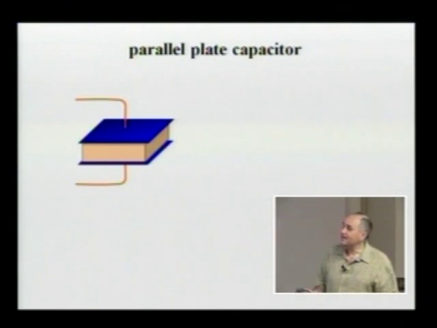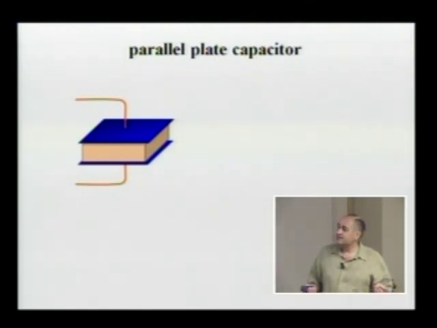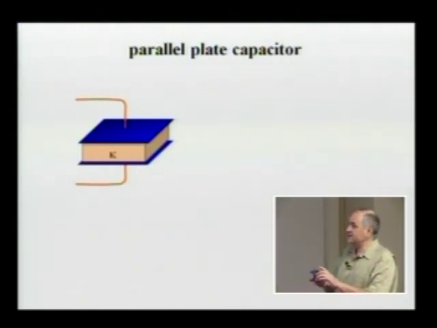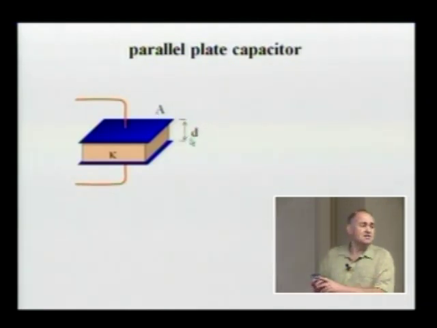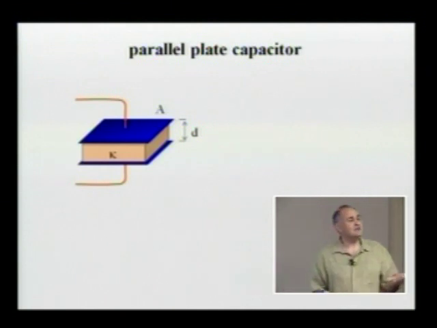so let's see if in this device we would really have that relation satisfied. Let's say that the dielectric has dielectric constant of value kappa, that the area of each of the plates is A, and the separation between the plates is d, because these three parameters are going to determine what kind of capacitor.